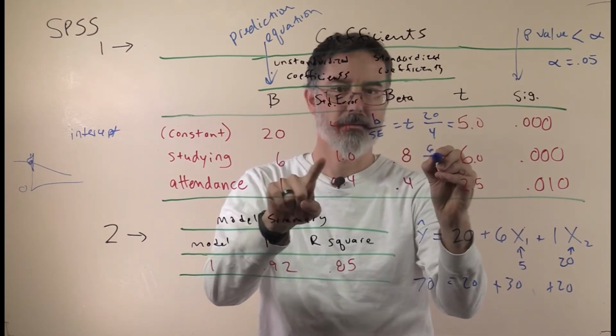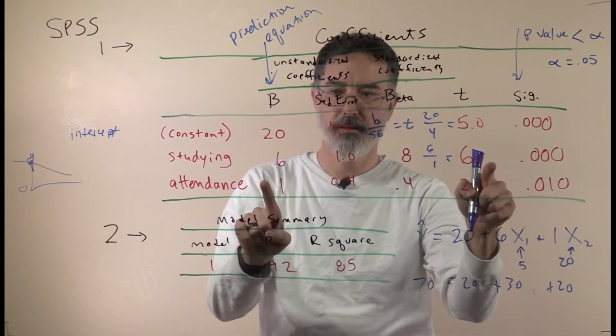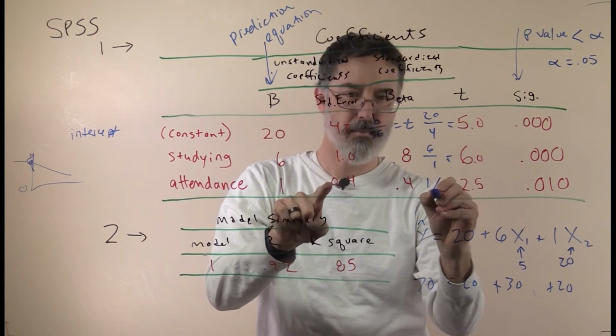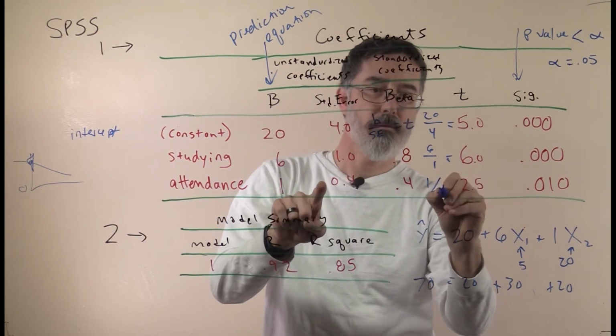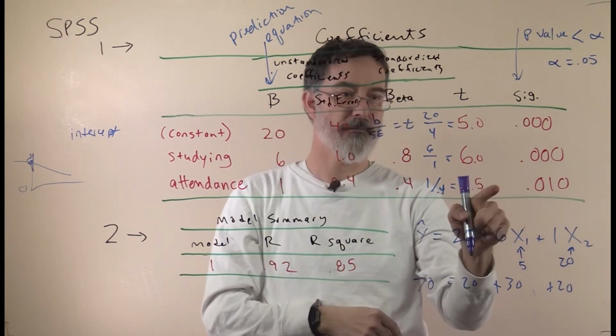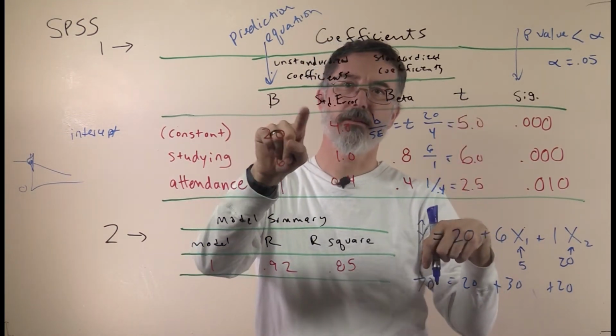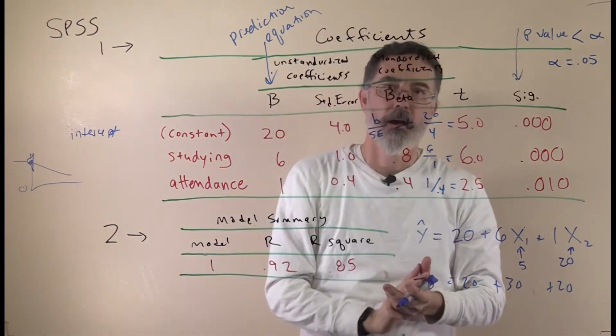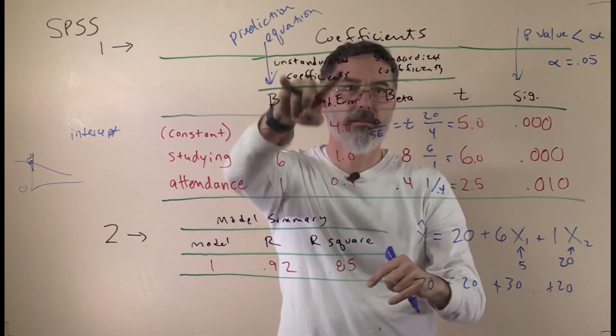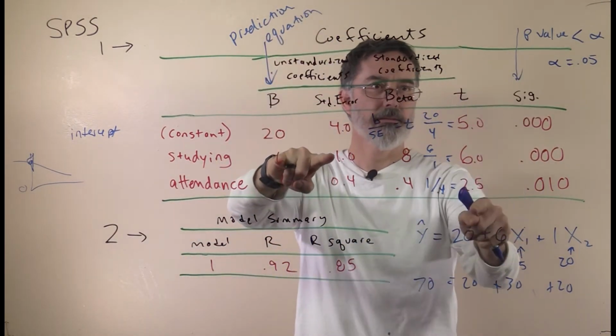Or 6 divided by 1 equals 6. Or 1 divided by 0.4 is going to be 2.5. So this t is the unstandardized coefficient divided by the standard error. Right, so we talked through this and this.